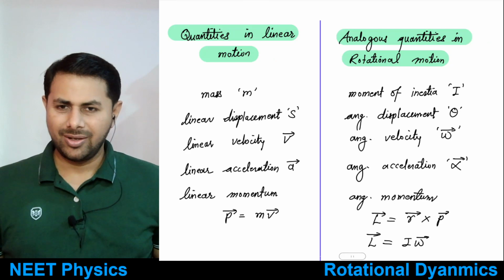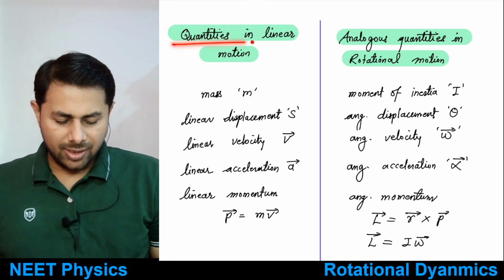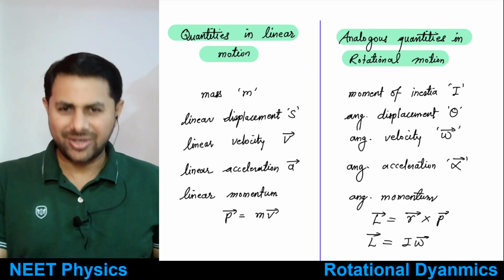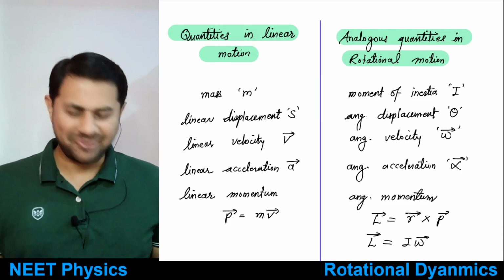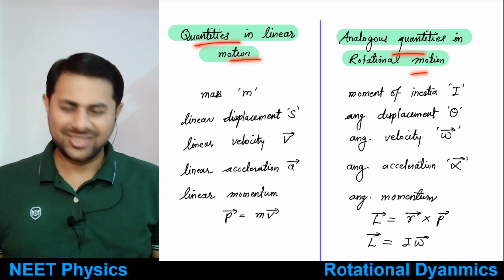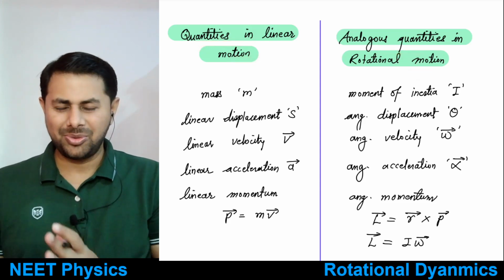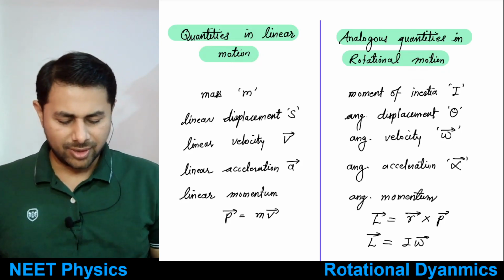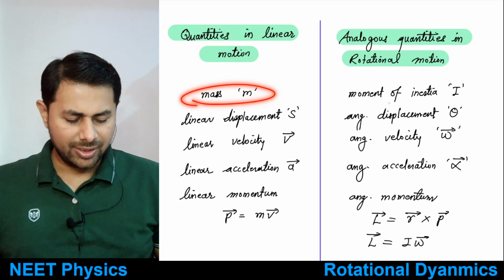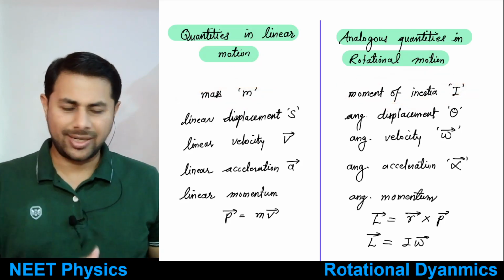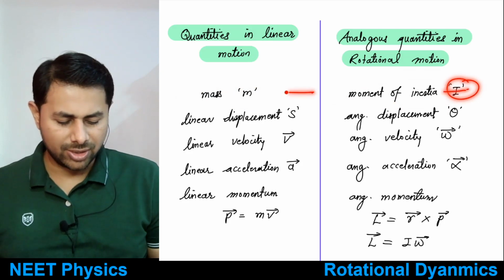Okay, good. So now see, there is a basic one-to-one correspondence in the language of maths between quantities in linear motion and quantities in rotational motion. So if you know formulae in linear motion, you know the formulae in rotational motion. How? See, mass is analogous to moment of inertia, or let's say moment of inertia is analogous to mass.